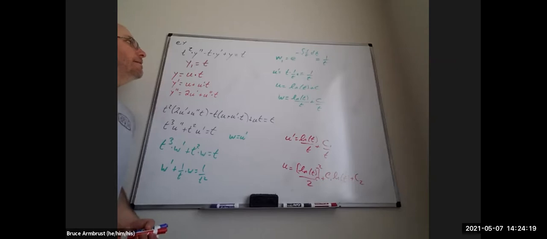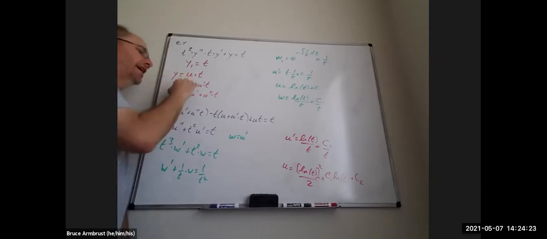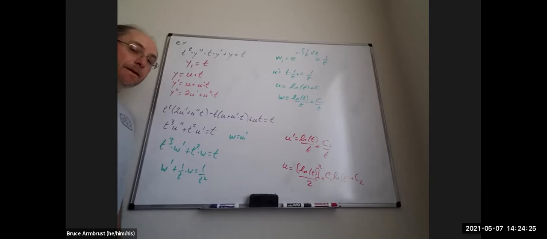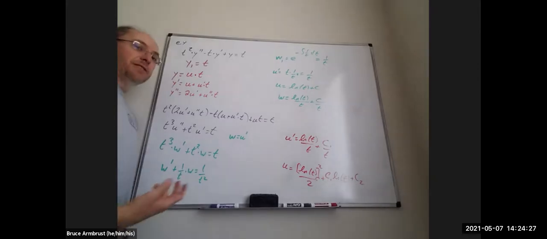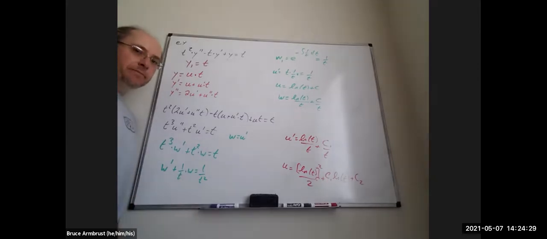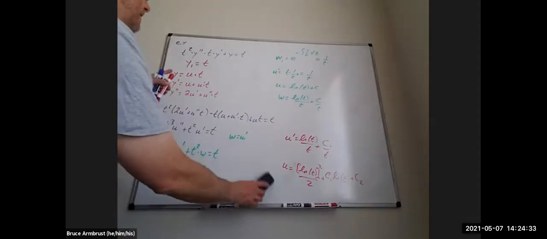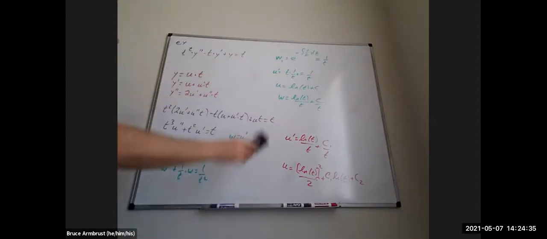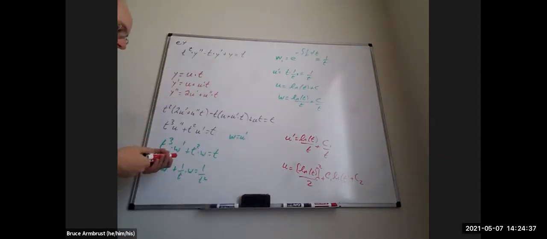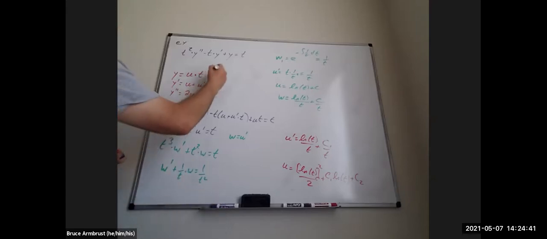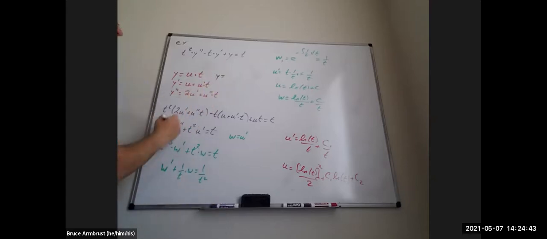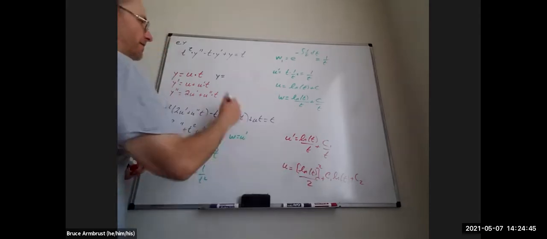But now let's go back to the very original idea here. That u was the thing that we multiplied to t to get our solution. All right, so I'm going to put that back up here. And what we get then is y equals t times all of this.